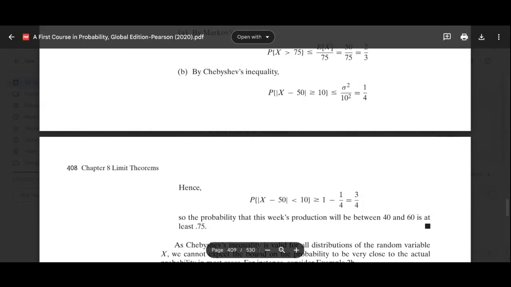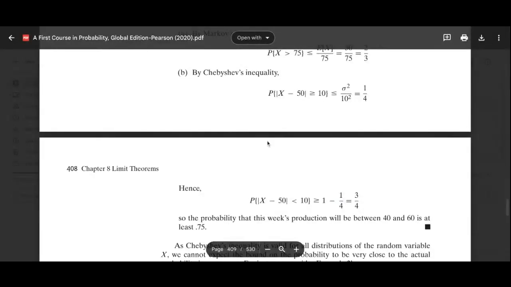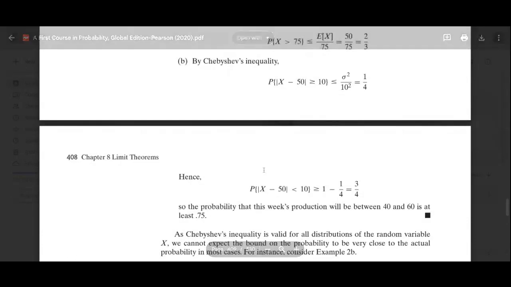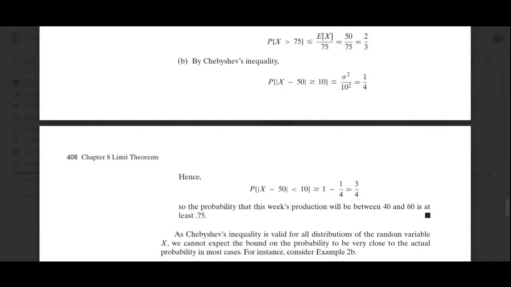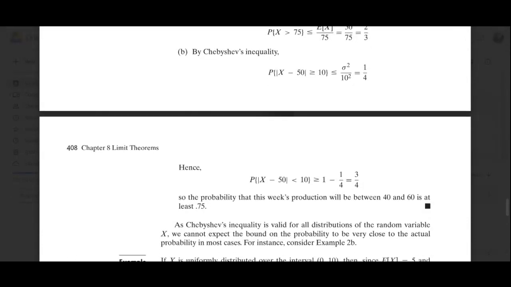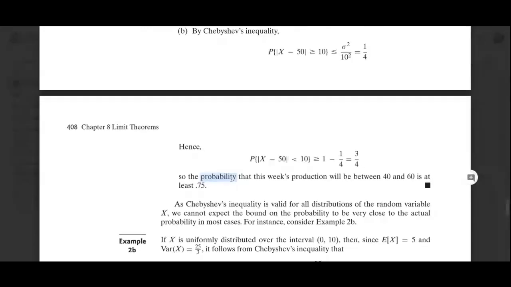Yeah, the variance is sigma squared, so sigma is 5, the square root of 25. So the probability that this week's production will be between 40 and 60 is at least 75%.